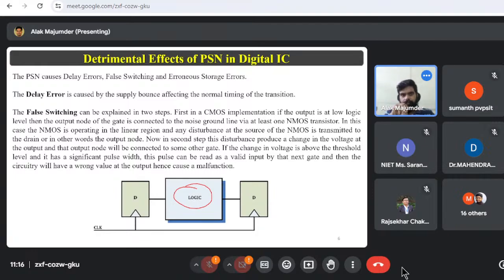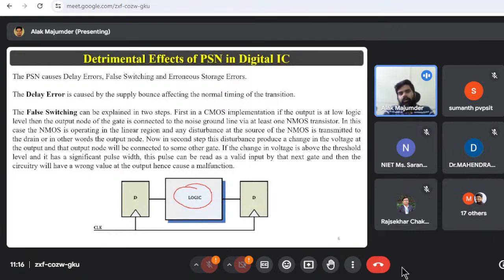Now what is the final outcome of PSN? If my supply voltage is, for example, 1.1 volt, which is 1100 millivolt, and due to the PDN my drop voltage or PSN is 100 millivolt, then in the circuit I am getting 1000 millivolt. 100 millivolt is lost.